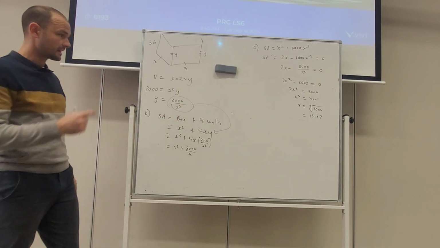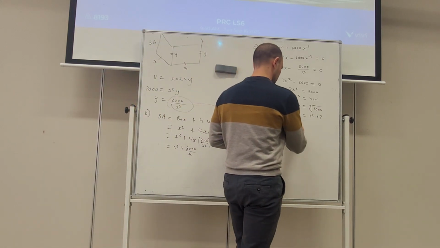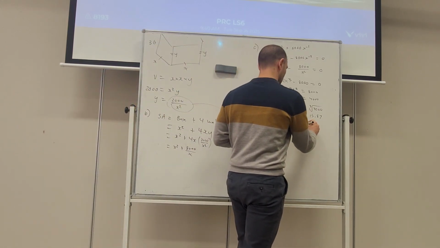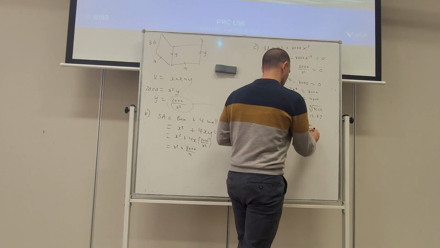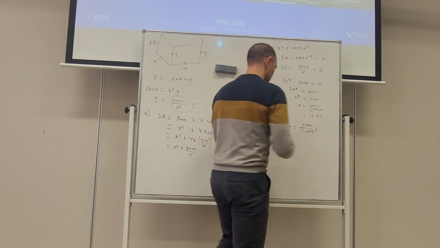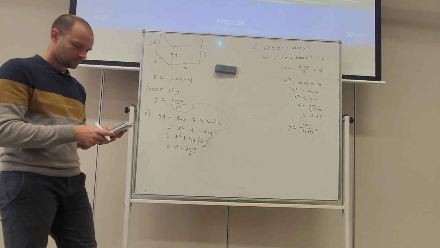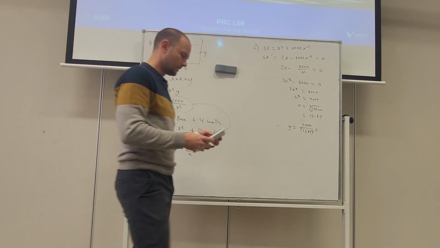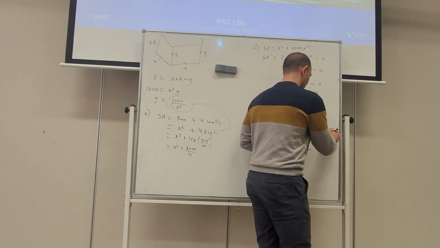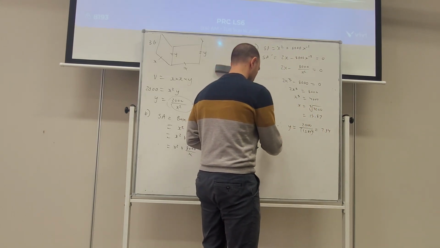And so if we have x is 15.87, we can find the y value. 15.87 squared, we'll evaluate that. We've got 7.94 for the y value. So make sure we answer the question.